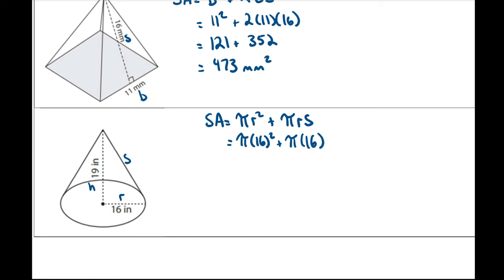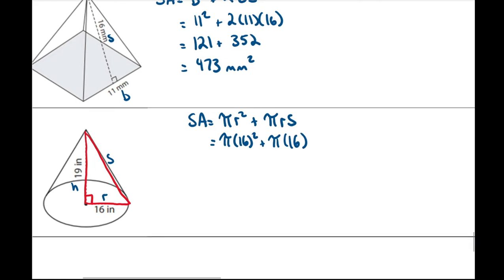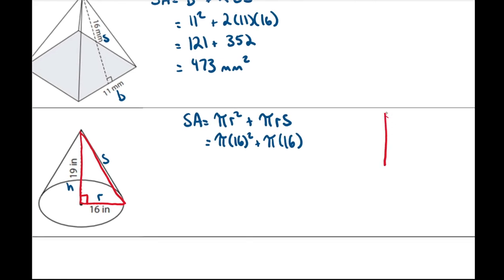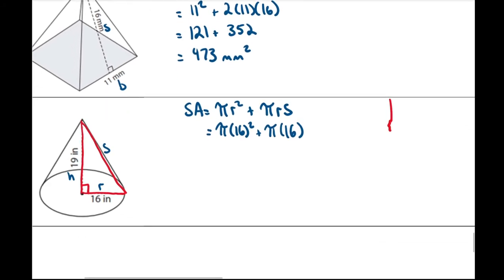What we should recognize though is that if I have my height and the radius and this diagonal, they form a right angle triangle. And we do have a formula for that right angle triangle to help us find that missing side. 19, 16, and unknown.